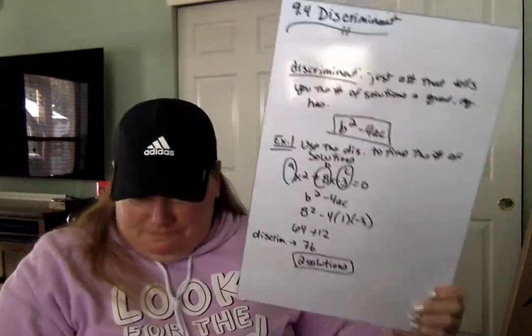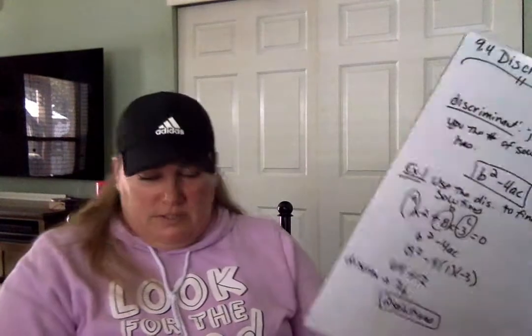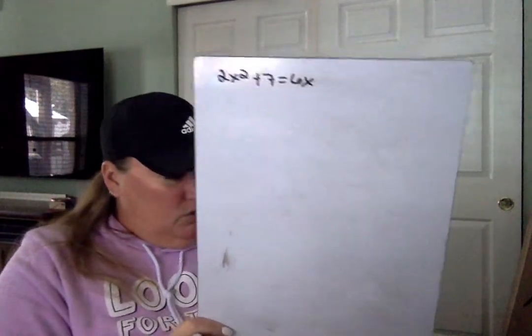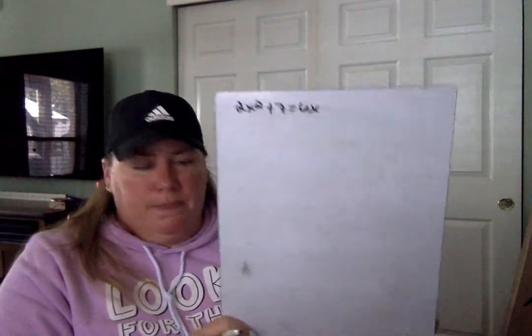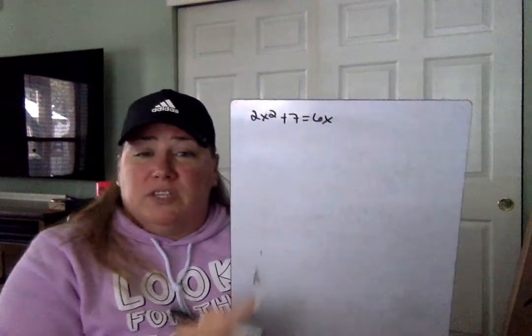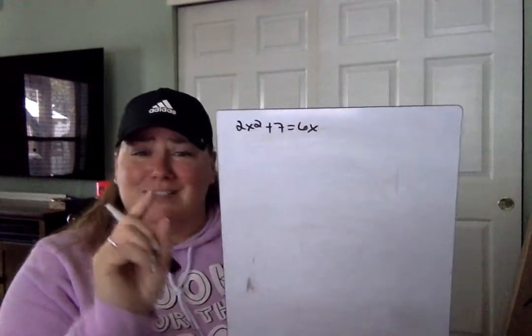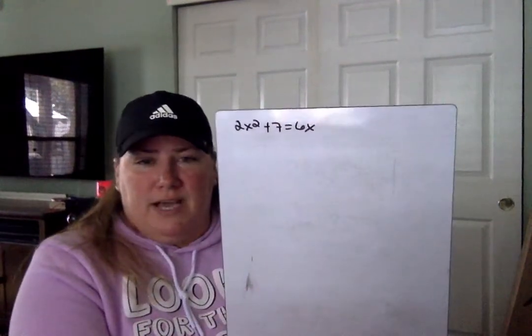Let's do another one. Don't really want to squeeze this, so I'm going to go to the back. So we have 2x squared plus 7 equals 6x. Remember, first thing first, you have to make sure this equals 0 to start with. And since it doesn't, you want to move the 6x.